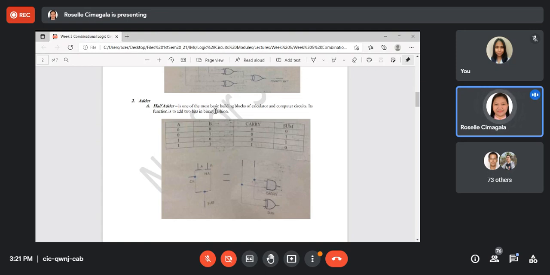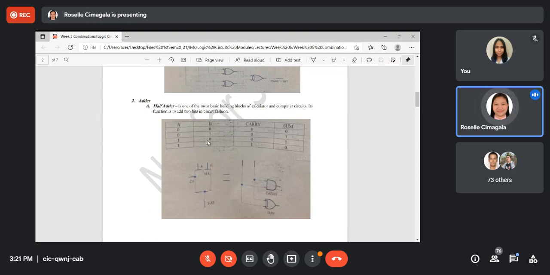Why? It involves only a two-input-variable combination. Its function is to add 2 bits in binary fashion. So we have two input variables, A and B, and we have 4 input combinations.